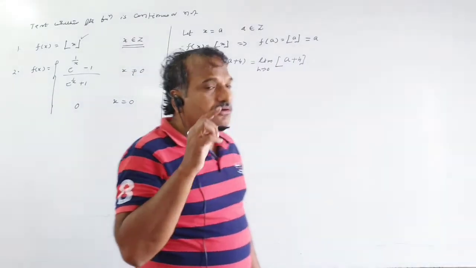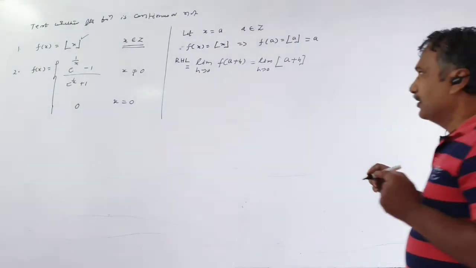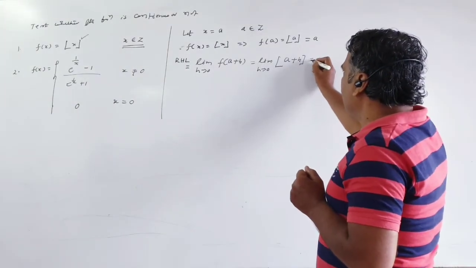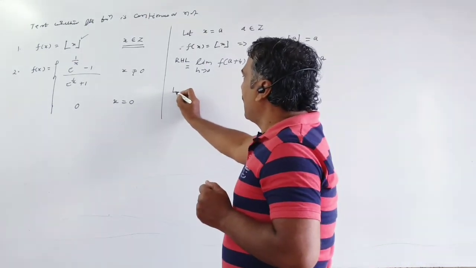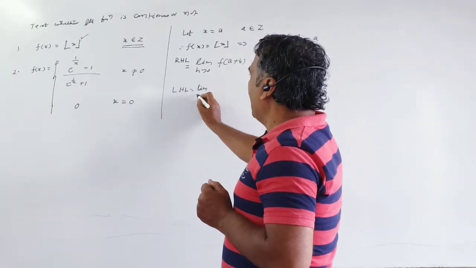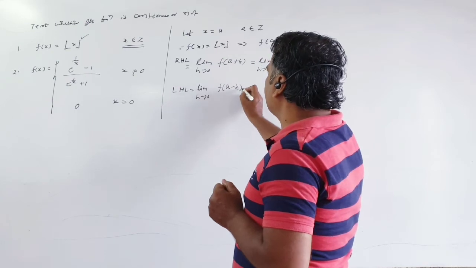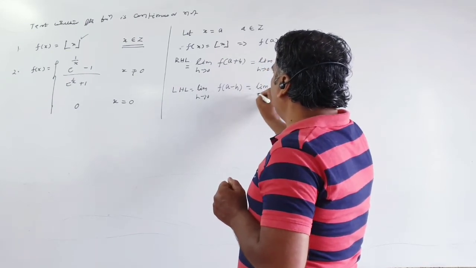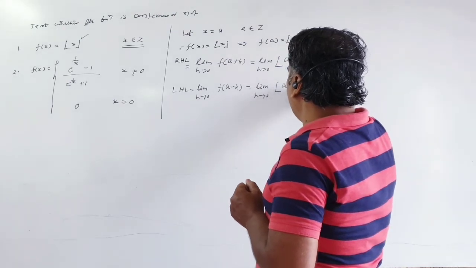Now tell me, what is the greatest integer of a plus x? Equal to a. Yes or no? Now the left hand limit, limit x tends to 0 of f of a minus x.